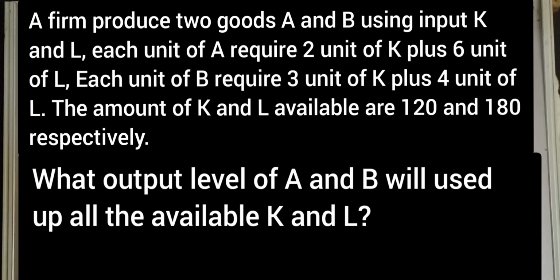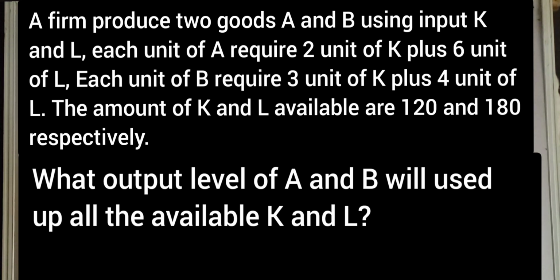A firm produces two goods A and B using input K and L. Each unit of A requires 2 units of K plus 6 units of L. Each unit of B requires 3 units of K plus 4 units of L. The amount of K and L available are 120 and 180 respectively. The question is, what output level of A and B will use up all the available K and L?